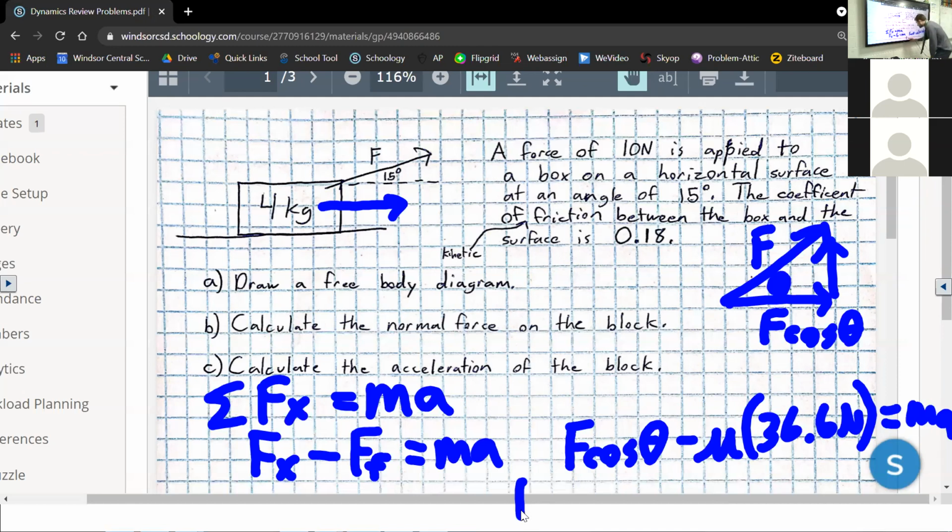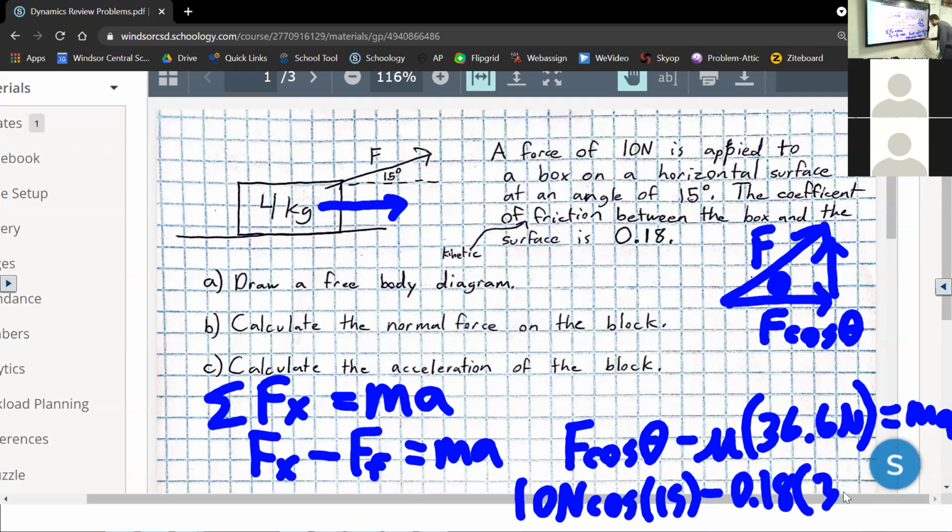And so we've got 10 newtons cosine of 15 minus 0.18 times 36.6 newtons. All of that comes together, and I have to divide both sides by the mass, which was 4 kilograms.